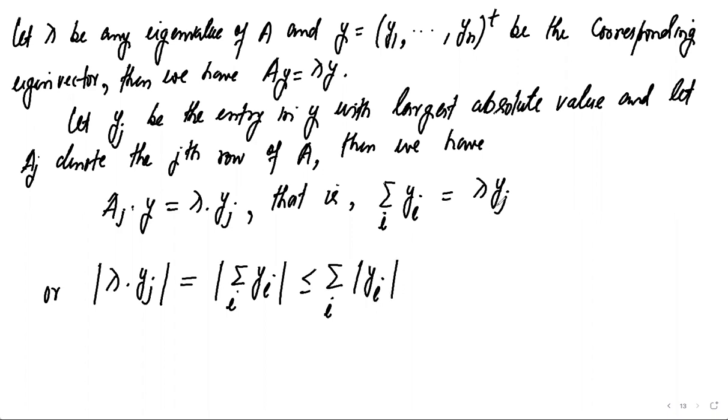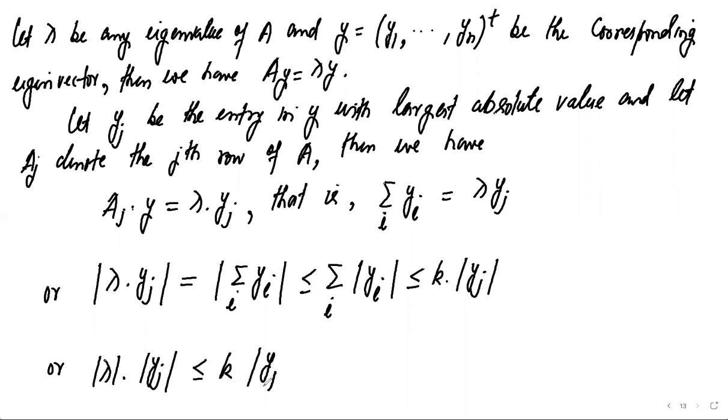But yj is the entry with the maximum modulus, so this is less or equal to k times modulus of yj. If we replace each of these yi's by yj, then this will be a bigger term. So that is, mod of lambda times mod of yj is less or equal to k times modulus of yj.